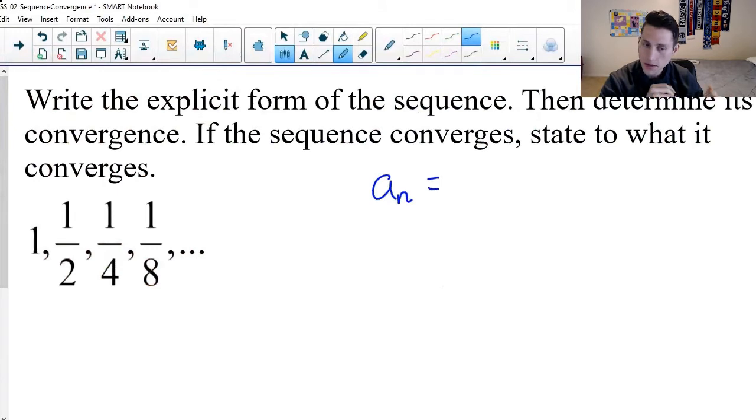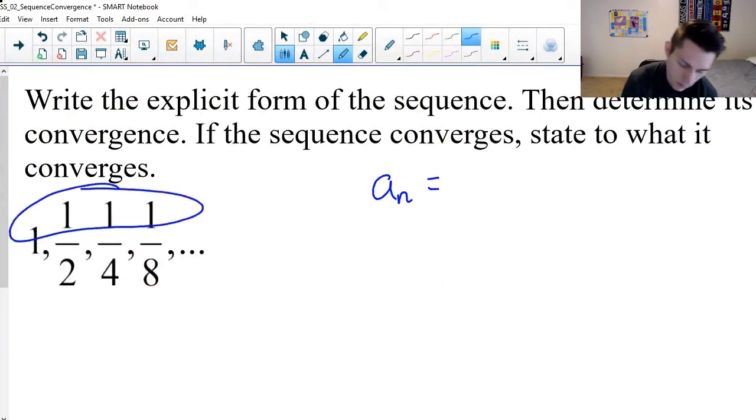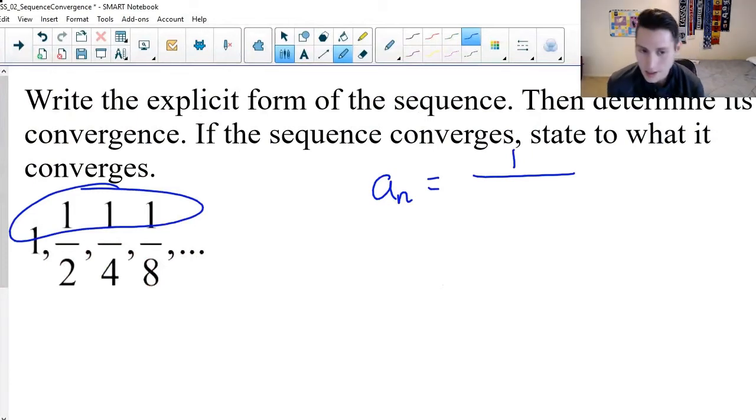First determine what the rule for the numerator should be, and then what the rule for the denominator should be, because a lot of times that will work out. Sometimes you have to make some slight changes. For example, all my numerators here are 1, so I feel pretty confident that the numerator of the formula is just going to be 1. And in the denominator, 2, 4, 8. The thing I know about 2, 4, and 8 is they're all powers of 2.